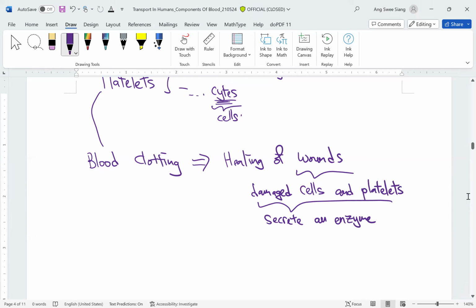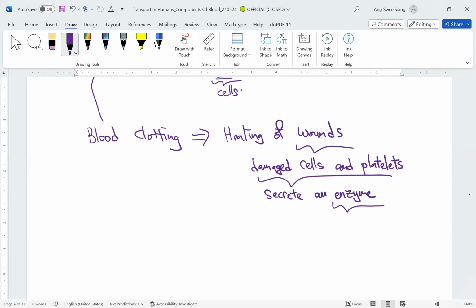It's called thrombokinase. The damaged cells and the platelets near the wound will secrete this enzyme called thrombokinase. This is not in the syllabus; it has been removed from your syllabus.